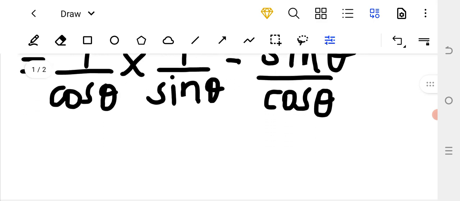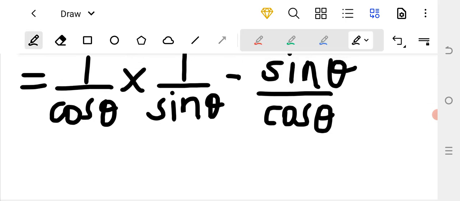Then to continue, as we have ended at this step, we say is equal to: here we multiply the numerators, which is 1 times 1, and then we multiply the denominators, which is sine theta times cos theta.